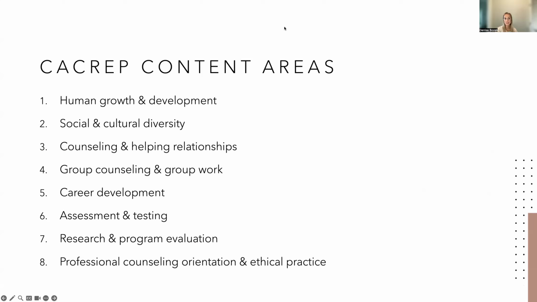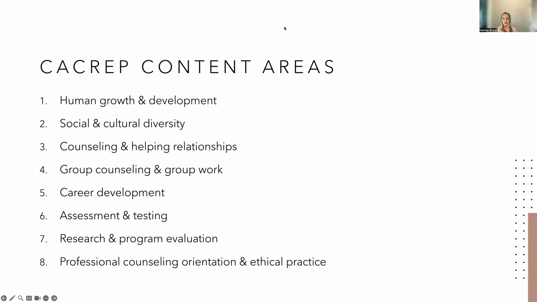And then you have group counseling and group work, so different types of group therapy, group counseling skills, things like that. And then career development, and that will be different career theories, theorists, and then assessment and testing. That's another big section, but don't be scared with math and numbers.